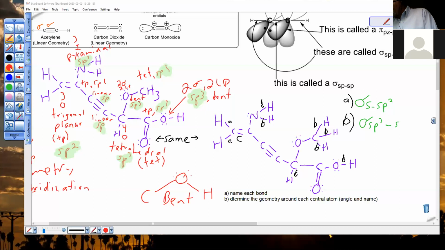I'm going to need a little circle. That was for that one. We never did the carbon. Can I just put its hybridization down and highlight it? Because that's all we need right now. I just didn't get to that one.